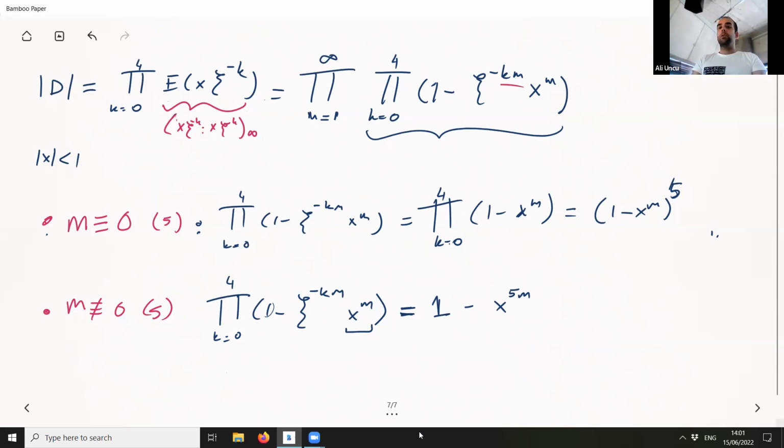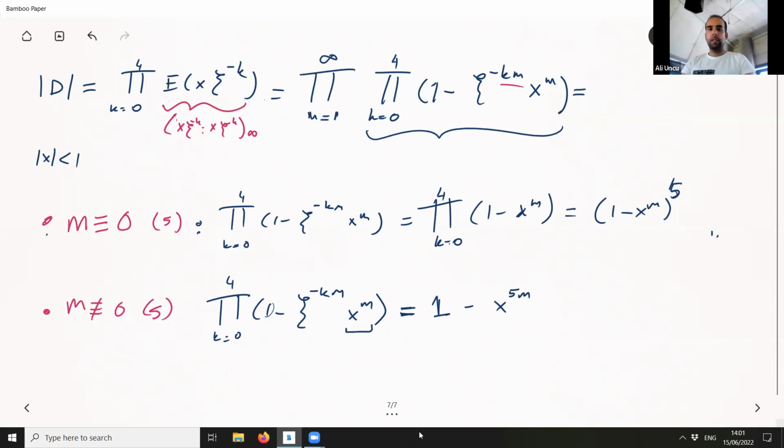Either m is congruent to 0, then this nested product turns into this factor, (1 minus x^m) to the power 5, or it is not 0 modulo 5, and then this inner product becomes 1 minus x^(5m). Perfect. That's really what we need.